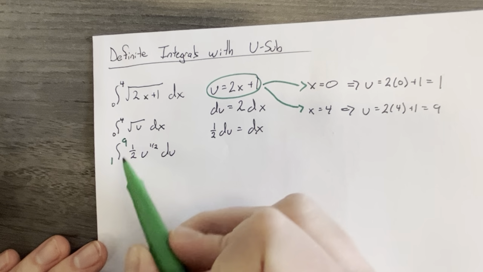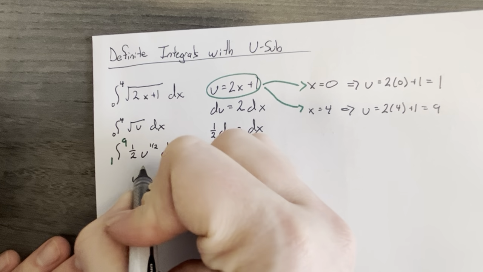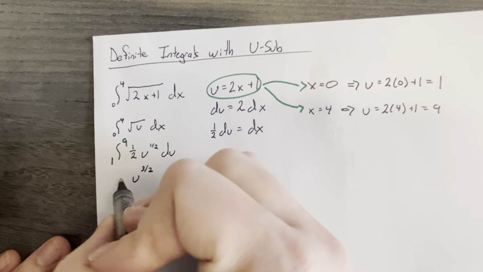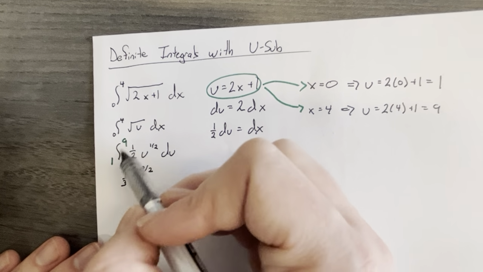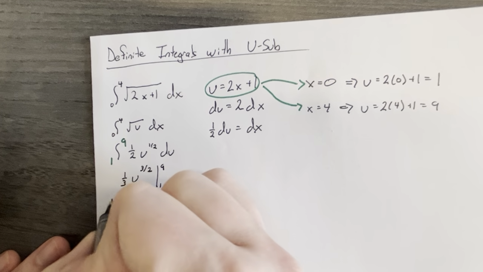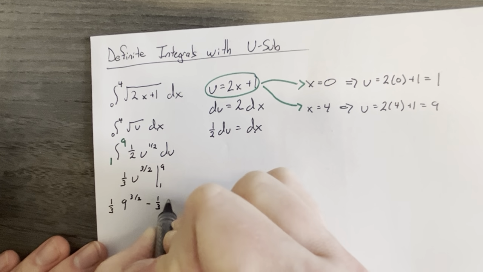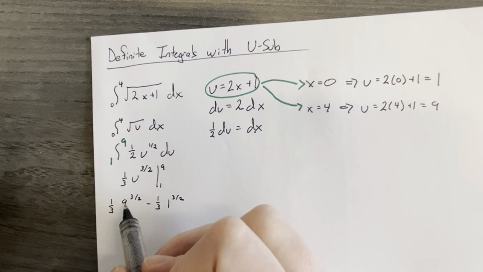And we can go through this and just kind of solve normally. U goes to the 3/2. What comes in front here, we should have a third. And then no plus c needed because we actually have bounds. So we do have to write this from 1 to 9. 9 to the 3/2 may get some of us.